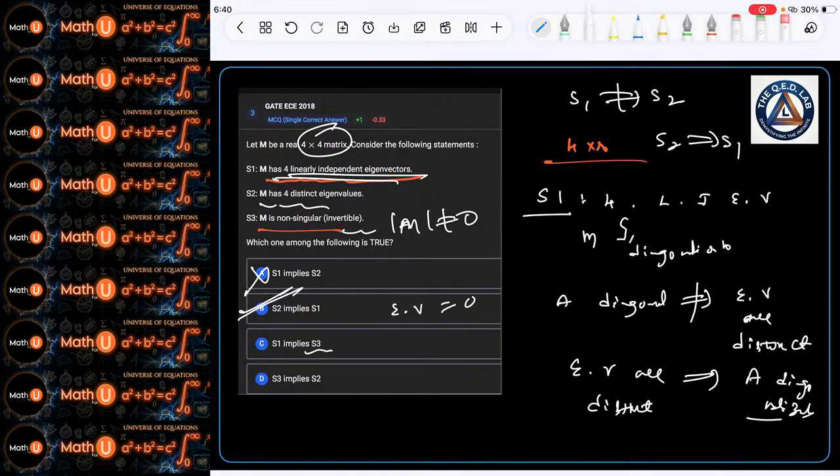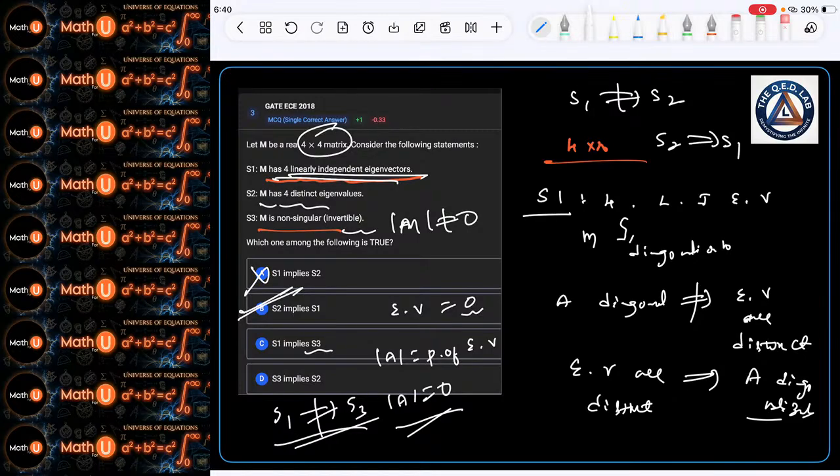Determinant of A is equal to the product of eigenvalues. If any one eigenvalue is 0, the complete determinant will be equal to 0. That's why S1 also does not imply S3. We cannot say like that. And does S3 imply S2?